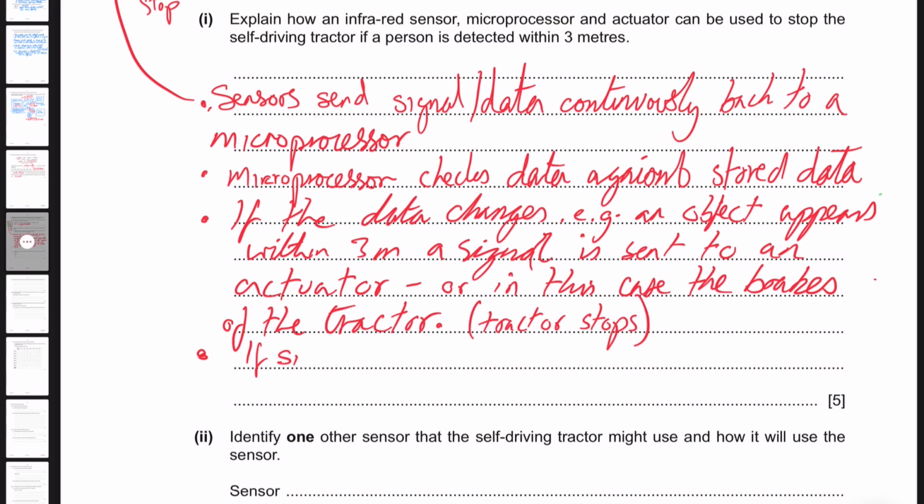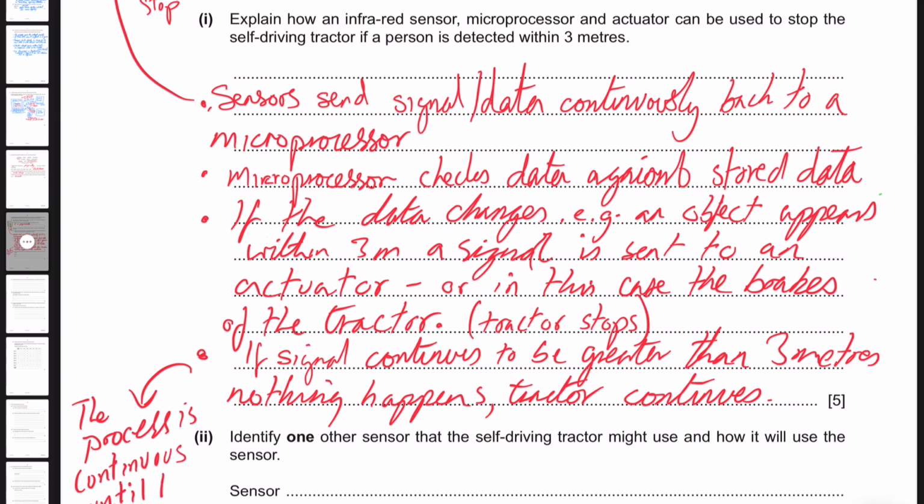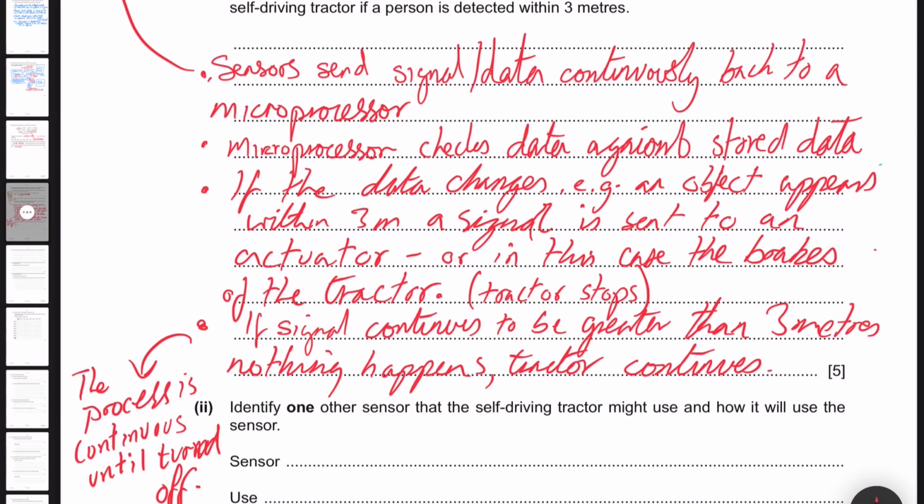If signal continues to be greater than 3 meters, nothing happens. Tractor continues. And then I'm just going to put here the process is continuous until turned off. So that would be for 5 marks. Hopefully looking for sort of 5 bullet points.